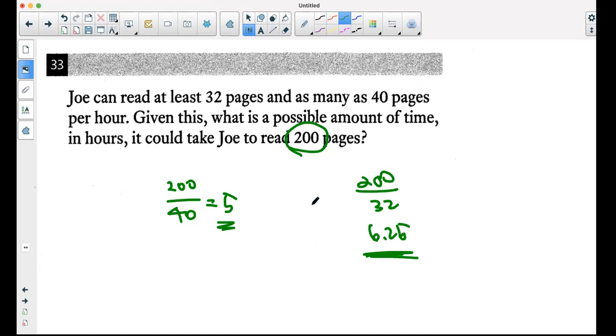All right. Now, let's try to look at the next question. Number 38.